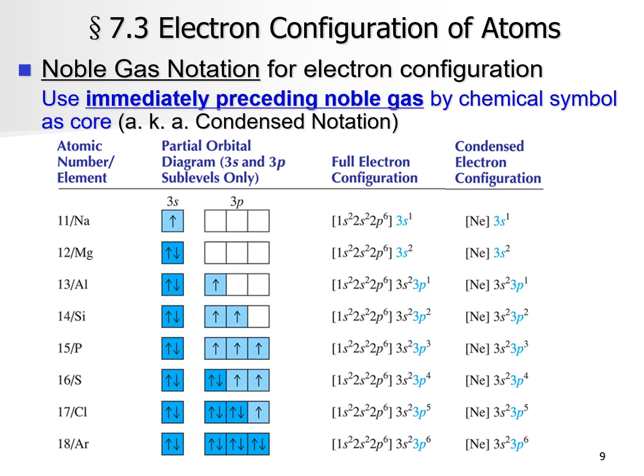And this notation is called condensed electron configuration, or noble gas notation. So here we are going to use the immediately preceding noble gas by chemical symbol as the core electrons.